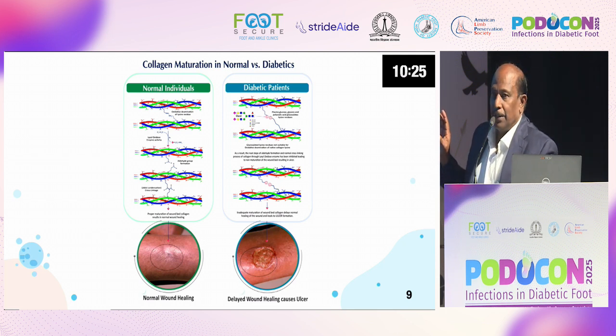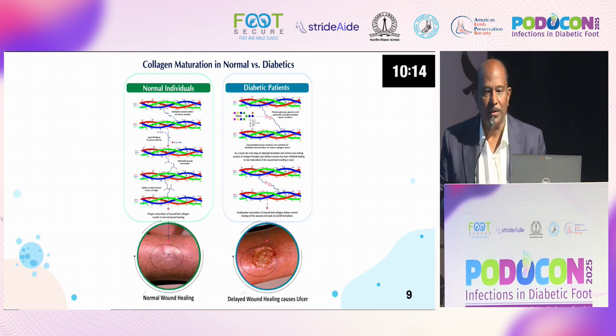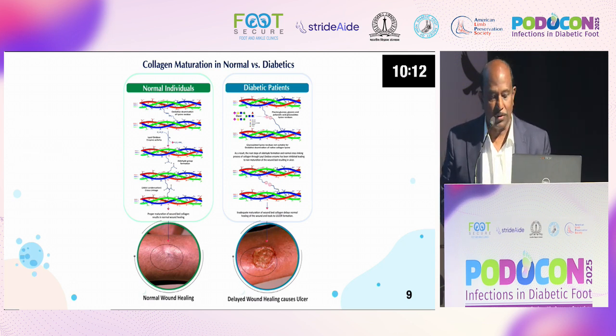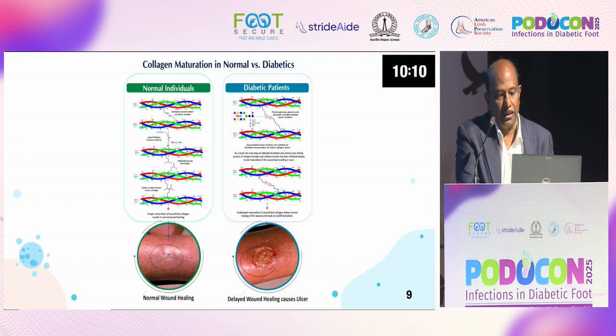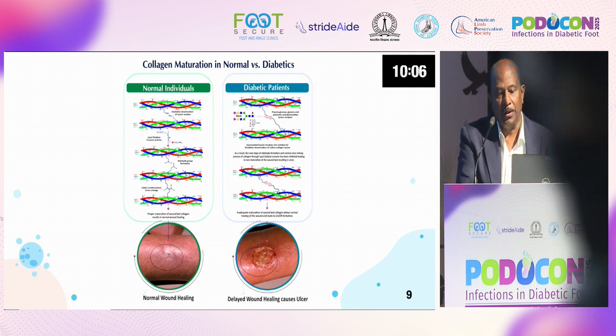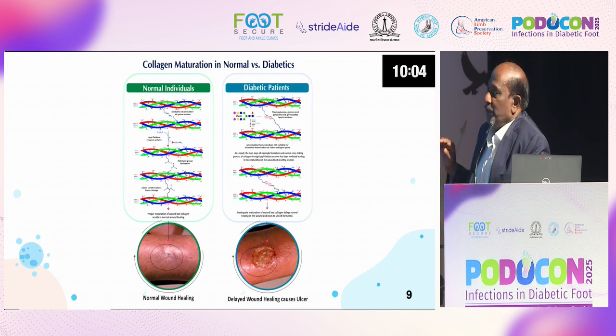At the same time, as I told you, in the diabetic condition, if the molecule is glycosylated, it is not going to let the collagen mature. So this is one of the important things I would like to address, so that you can get to know the reason for the collagen having the ability to help counter the impact of glycosylation in the hyperglycemic conditions of the diabetic patient.